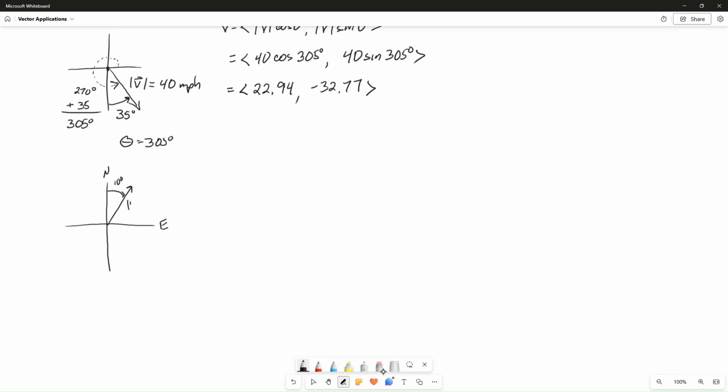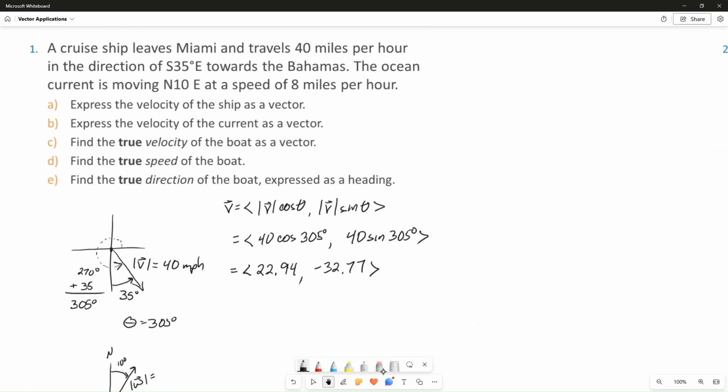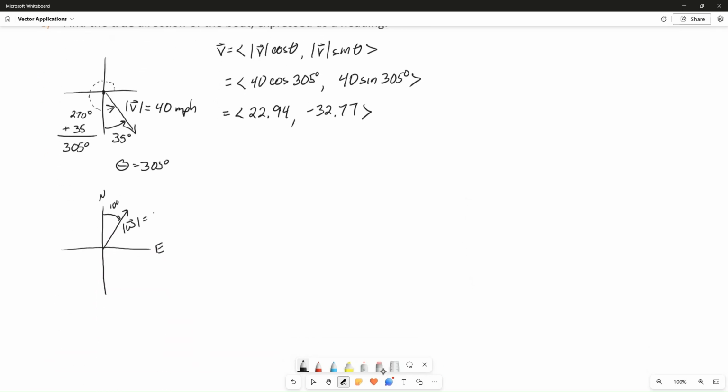I'll use W for the water, our ocean current here. We know that the magnitude of the ocean current is only 8 miles per hour. So the vector of the ocean current is going to be the same kind of setup: the magnitude of W times the cosine of theta, and then the magnitude of W times the sine of theta.